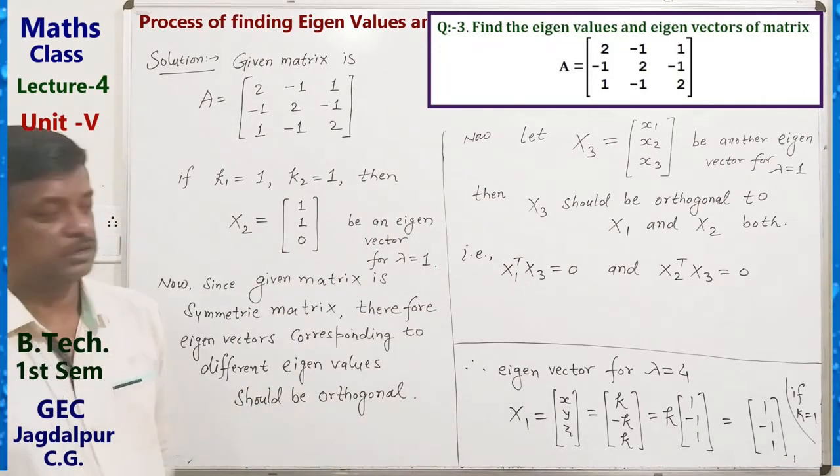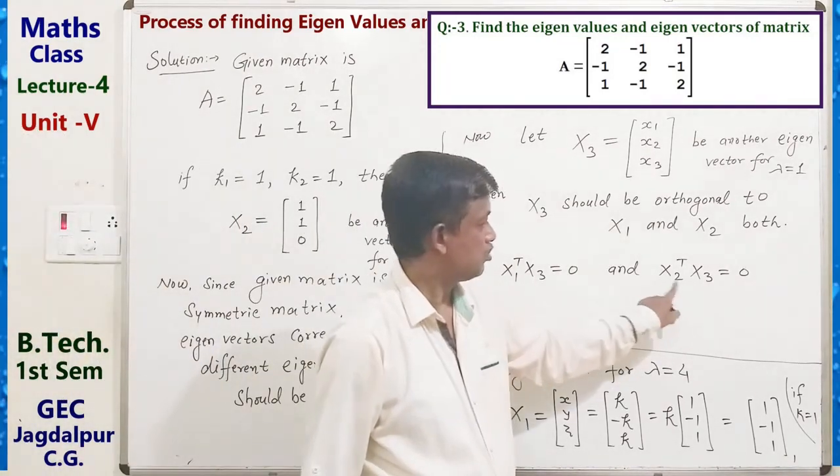This is the orthogonality condition: x3 is orthogonal to x1, x3 is orthogonal to x2.